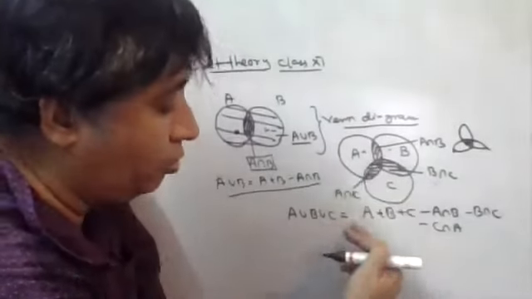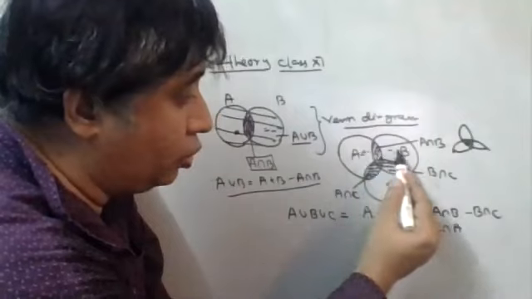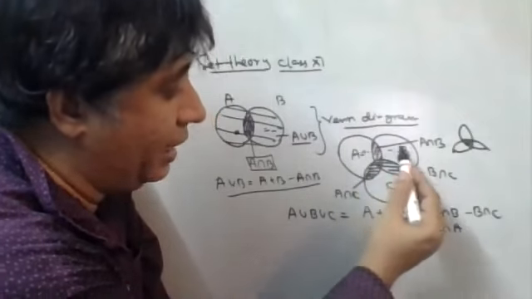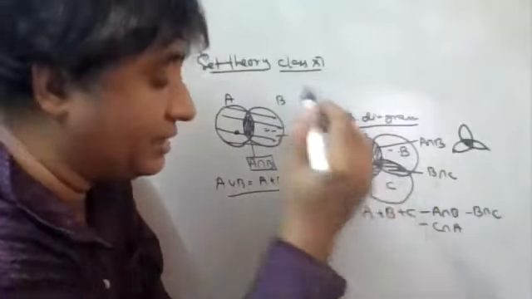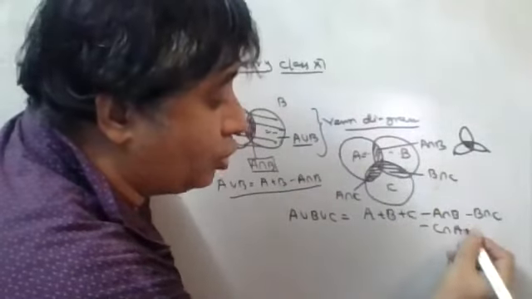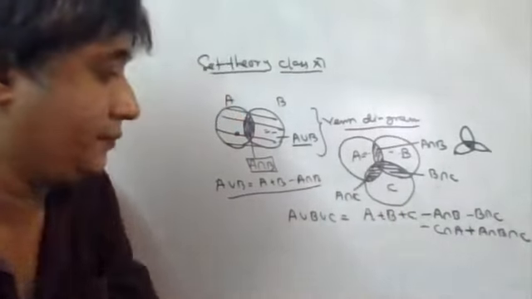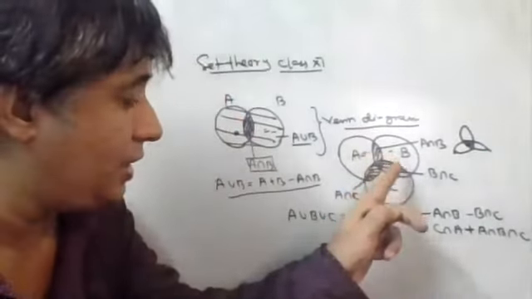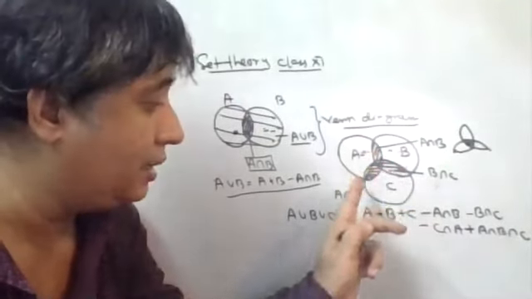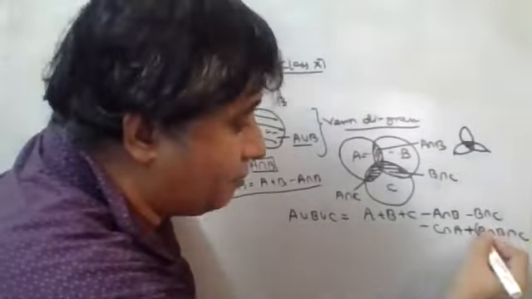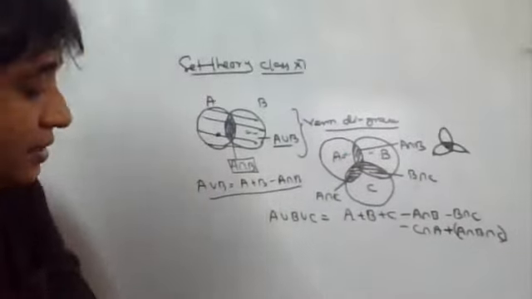So if you subtract each common region of two sets, A, B, B, C, and C, A, then the common region of three sets is subtracted twice, and so you have to add it once. So A plus B plus C minus A intersection B, B intersection C, C intersection A, and this part will be added because it was excluded twice.